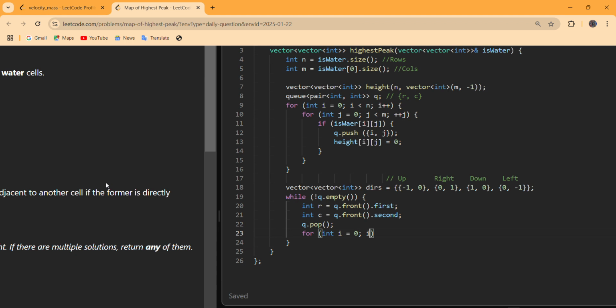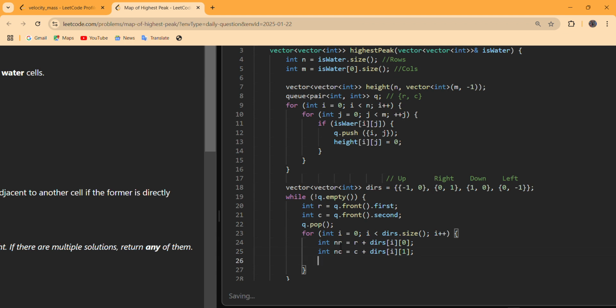So we continue like this, and we will find our next coordinates for each r comma c, which are like this: r plus 0 comma 1, and I'm sorry, this could be -1 comma 0, like this.